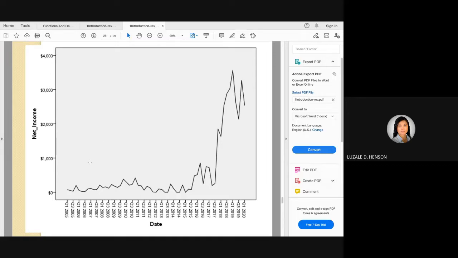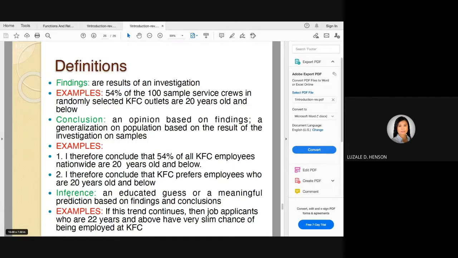Maybe this would be about net income. So makikita mo, you can make now a description. You can now narrate, makapag-describe ka na. You can write a narrative on how net income of a particular store performs for the past 15 years. Ayan, class, no? So that's for time series.